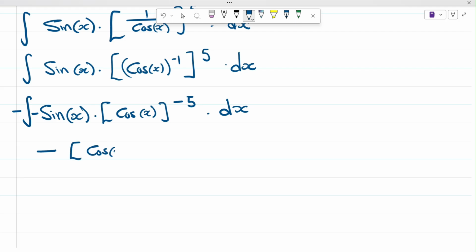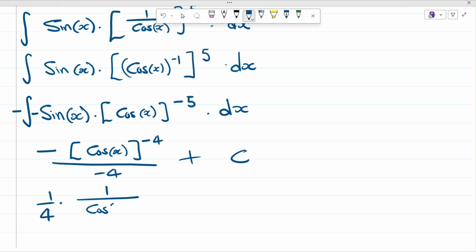This is going to be cos of x to the power -5 plus 1. -5 plus 1 is going to be -4, divided by -4, then plus c. And then one could argue that -1 divided by -4 is equivalent to 1/4. So this is going to be 1/4, and then we take the cos down there, we'll end up getting 1 over cos to the power 4 of x plus c.